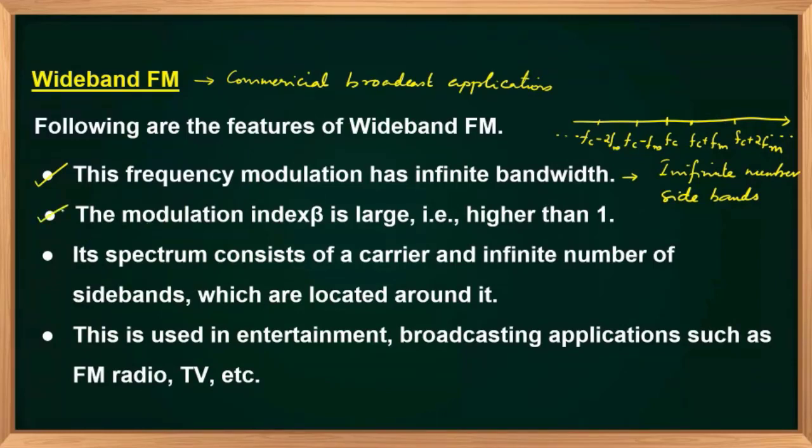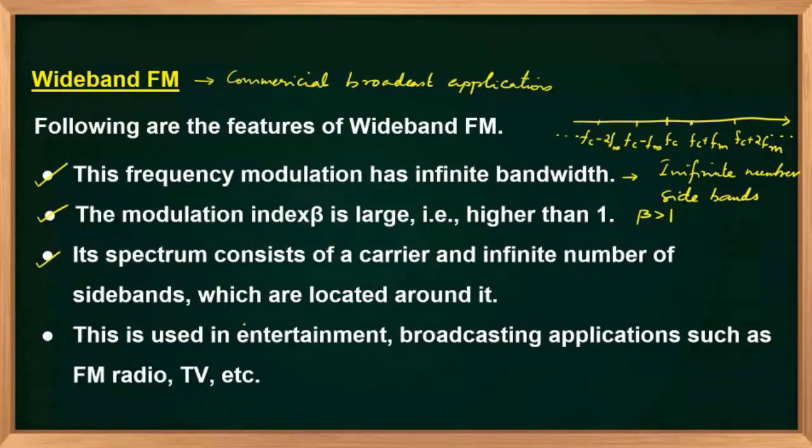Second feature is the modulation index, which is very large, larger than unity. So beta is greater than unity. You can take beta greater than 1. Third property: the spectrum consists of a carrier and an infinite number of sidebands located around it.